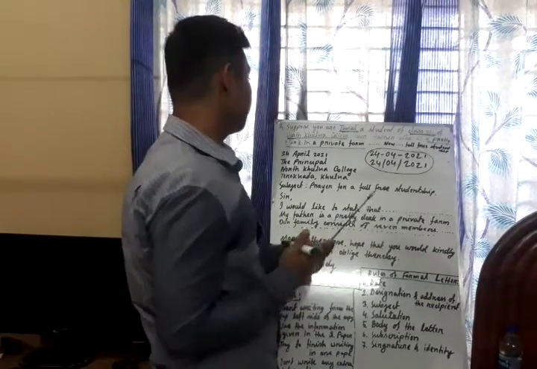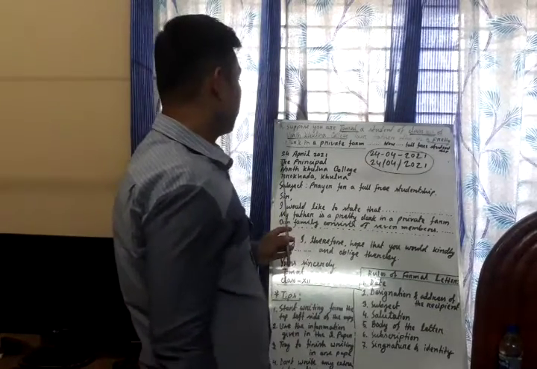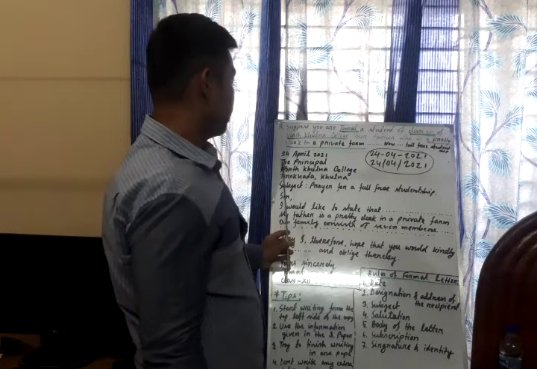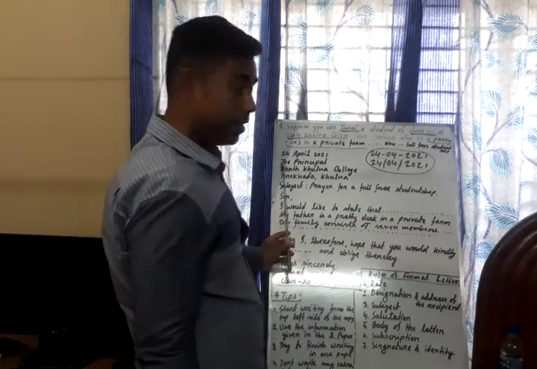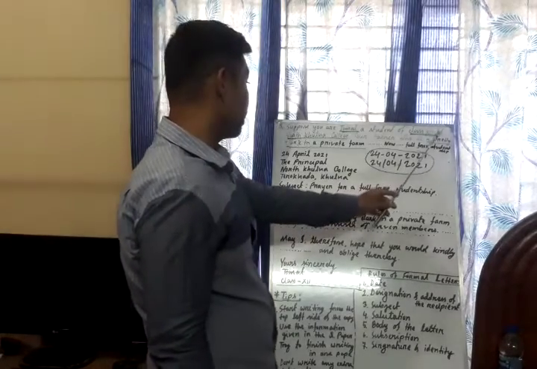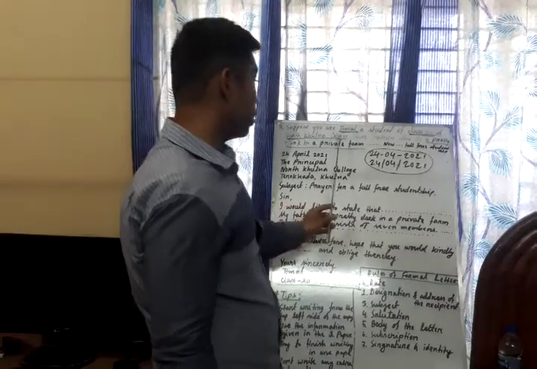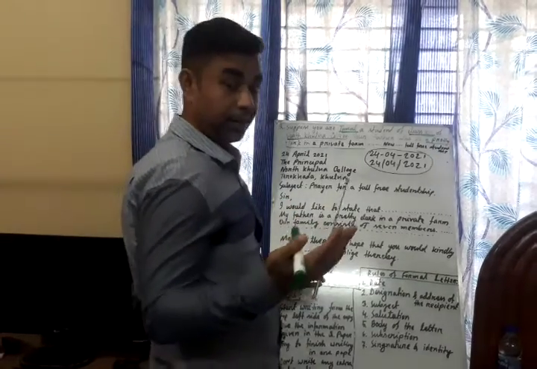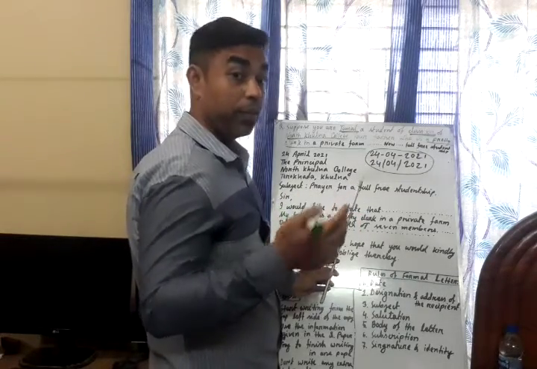So let's see. This is the date, then this is the designation and address of the recipient, and here it is mentioned: Government North Khulna College. So you are writing to the principal.